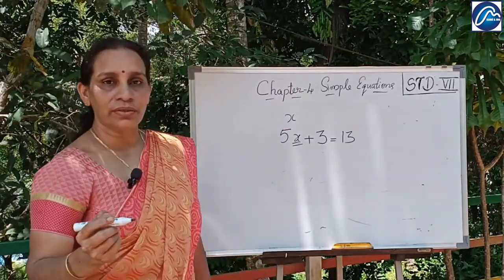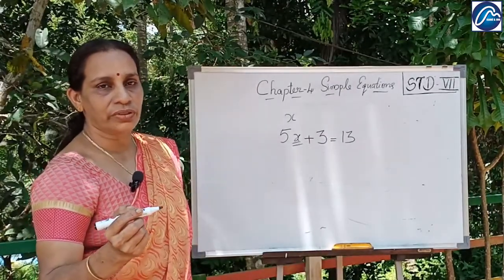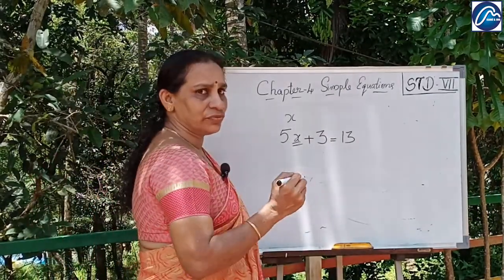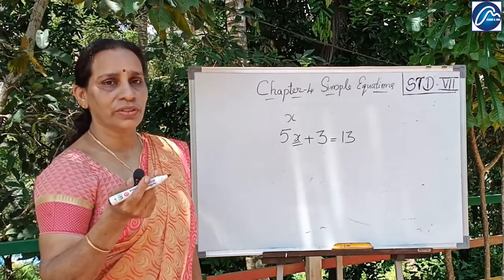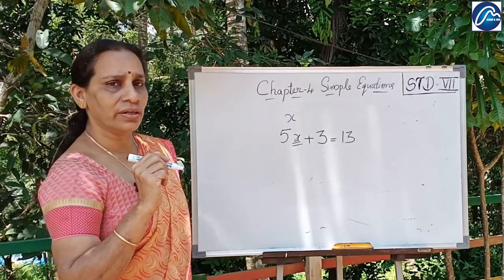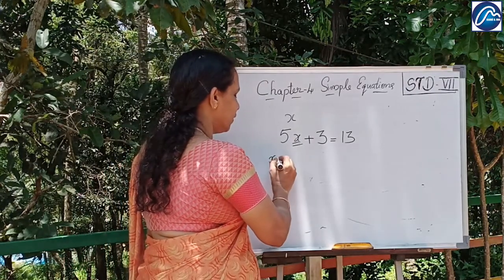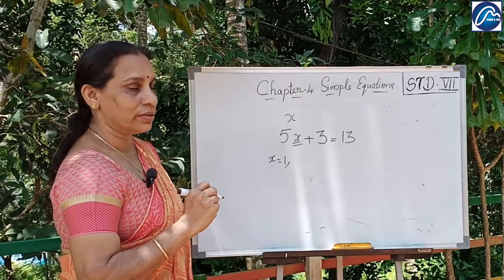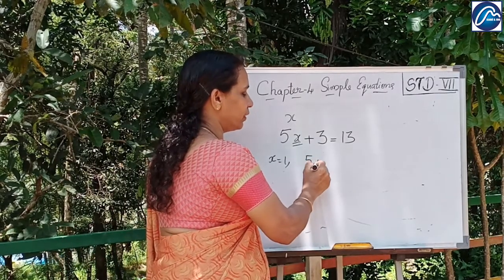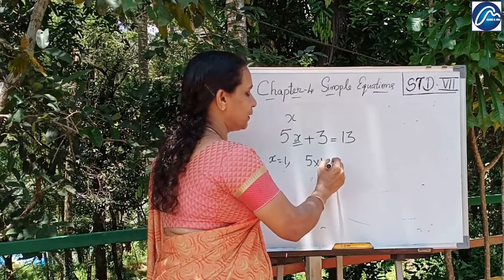Then how do we find the value? We don't know what x is, so we think: if x is 1, what will be the answer? We give a value of 1 for x. So 5 into 1 plus 3.